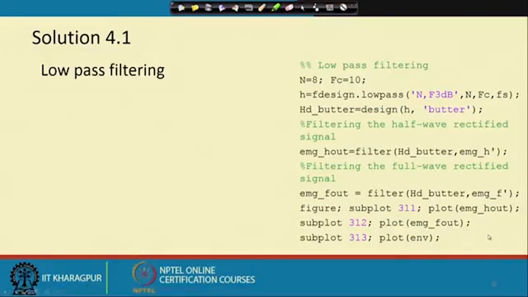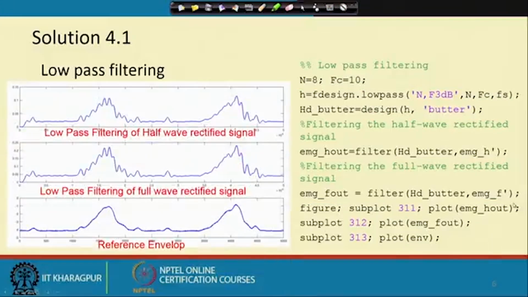At the top, because of the filtering, a lot of the high frequency component has reduced. So, ripple has gone down, it does not look so jagged, and both of them look close to the reference envelope.